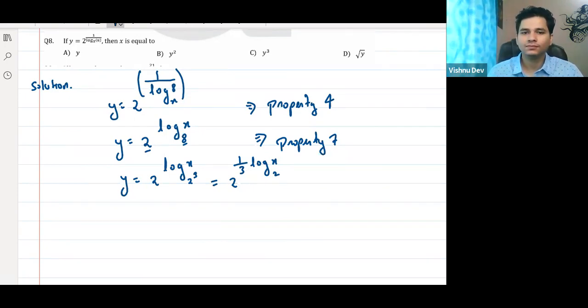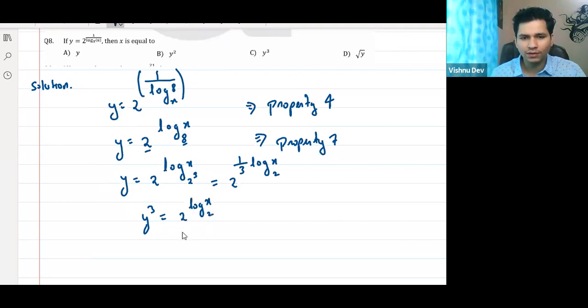Can we give 1 by 3 to the y side? Yes, you can. It will become y cube is equal to 2 to the power log x base 2, because you are just multiplying both sides by 3.